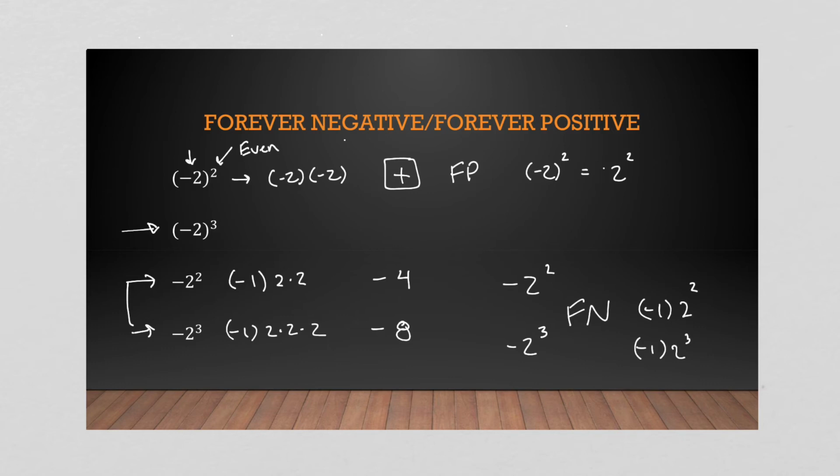So that brings us to this one right here. This one is -2 times -2 times -2. And if you multiply a negative number an odd amount of times, you're going to end up with a negative number.